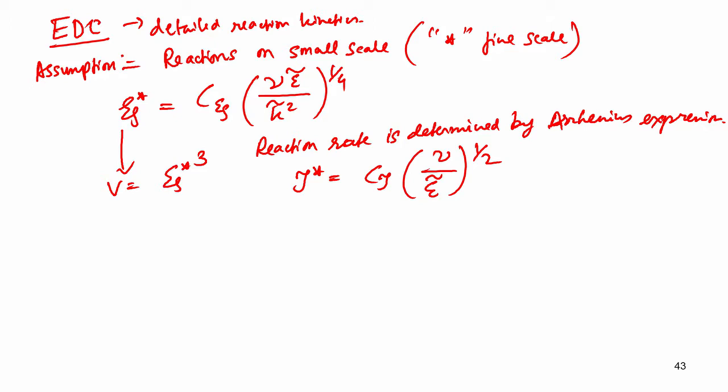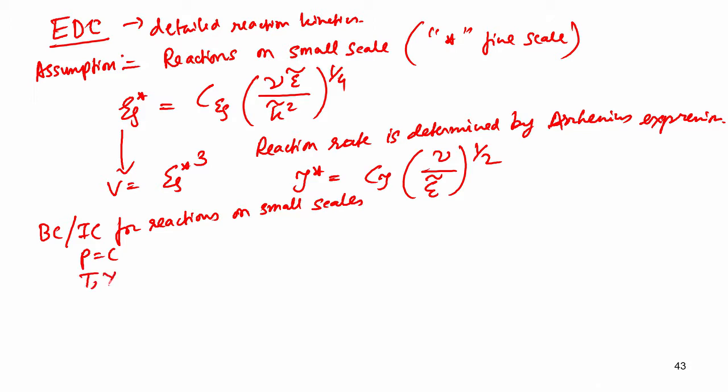And of course, to find the initial conditions for the reactions on small scales, the assumption is that pressure is constant, and T and yi are defined in a given computational cell.